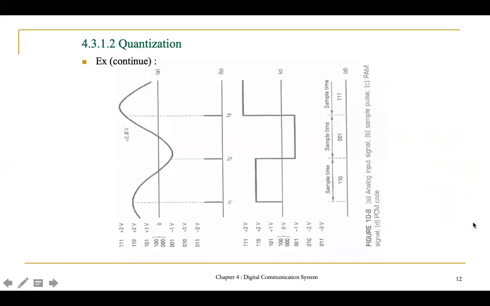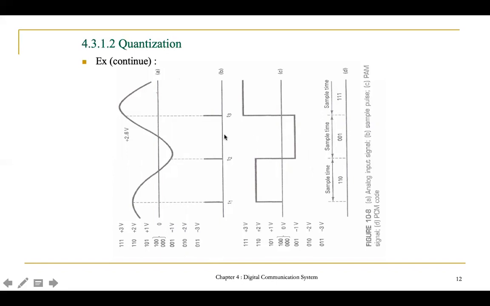Okay, so this is the figure to show this one. The first figure A is the analog input, and this is the sample pulses, and this is the pulse amplitude modulation. Okay, pulse amplitude modulation, and the D here is the PCM code. So basically, this is the process of PCM.